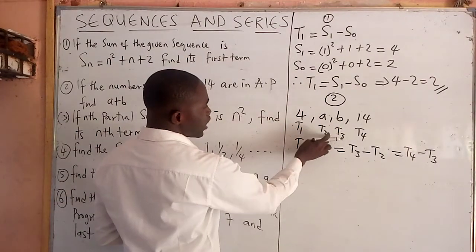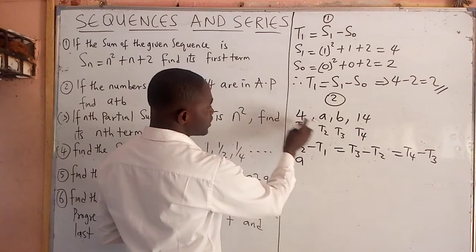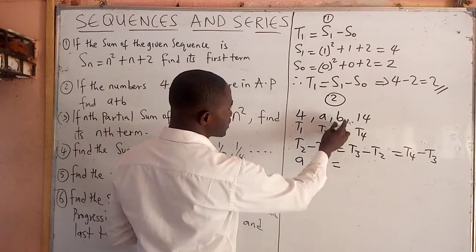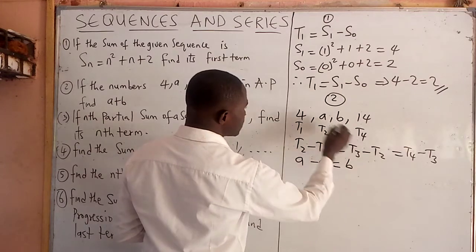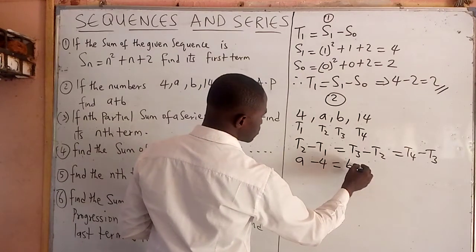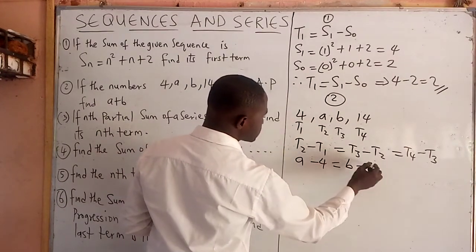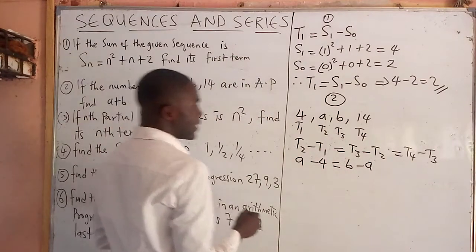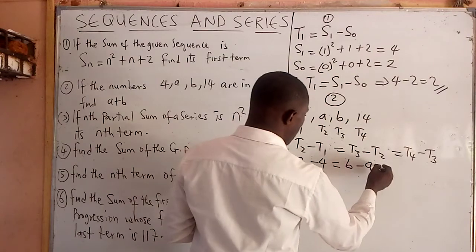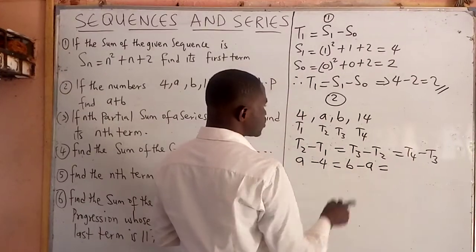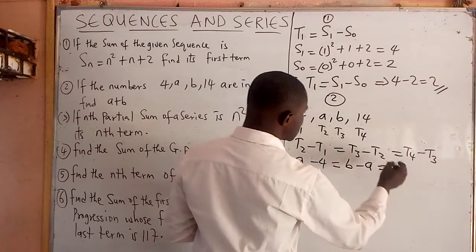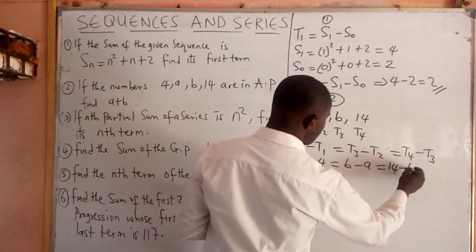What is your T2? A. What is your T1? 4. Equals, what is your T3? B. What is your T2? A. Then equals, what is your T4? 14. And what is your T3? B.